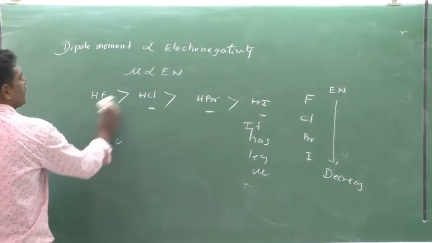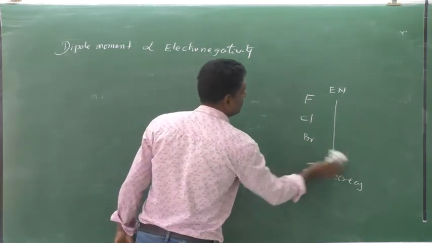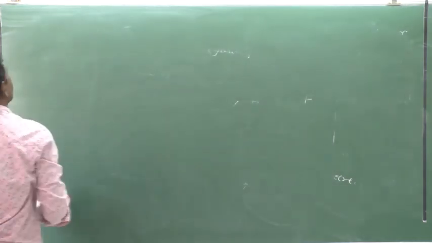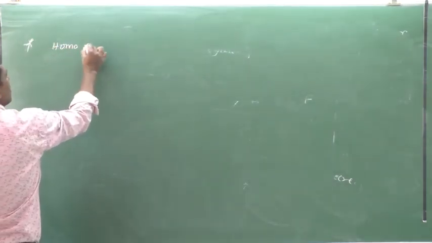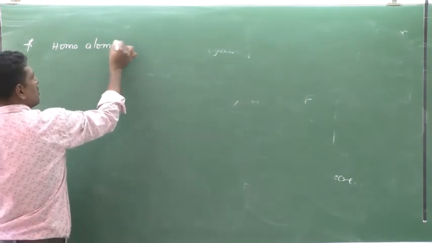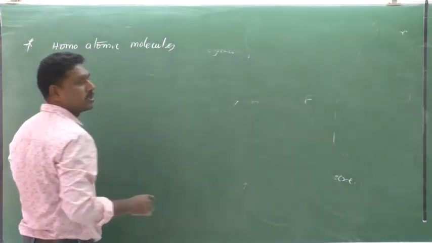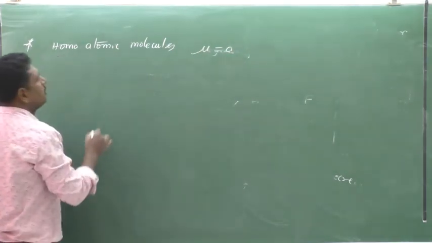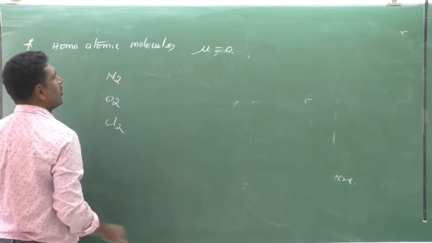Next one. Homoatomic molecules have mu equal to 0. Examples: N2, O2, Cl2.